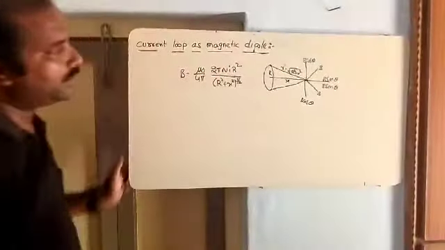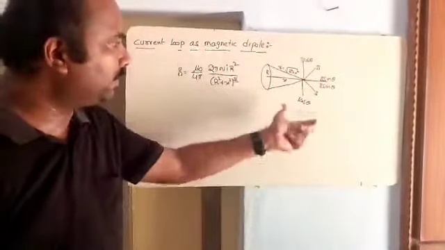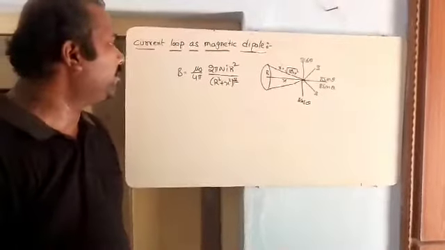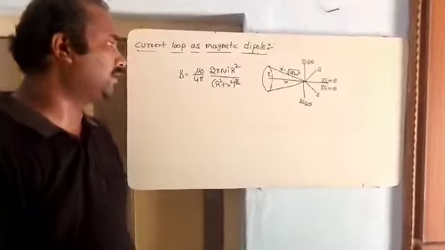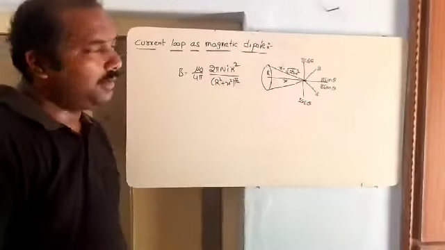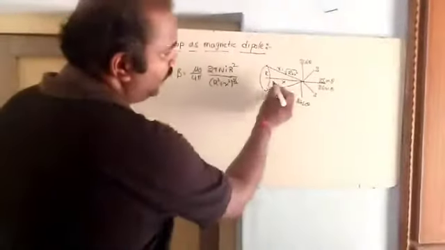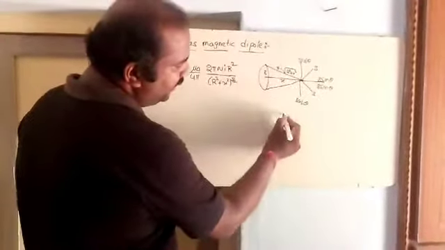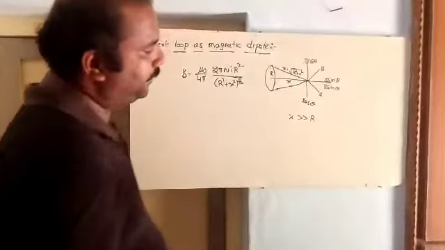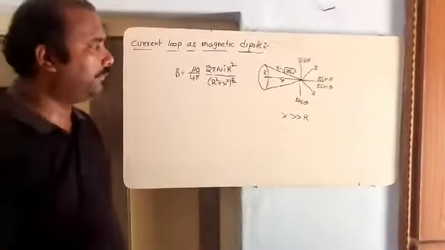This is the concerned diagram for the question. After this diagram and the derivation, finally we got this equation: B is equal to mu naught by 4 pi, 2 pi nI r square by r square plus x square whole power 3 by 2. Now in this diagram, suppose the axial distance x is much greater than r.